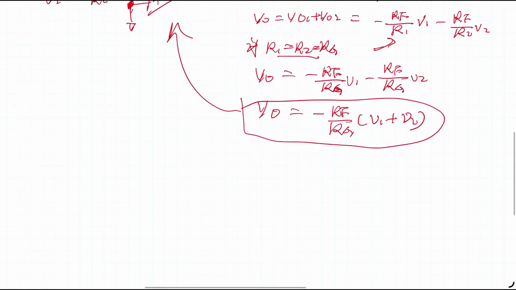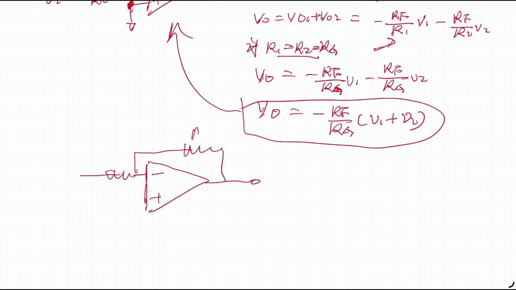Let's look at a slightly different case. Say we still have an op-amp with feedback RF and RG to the ground.